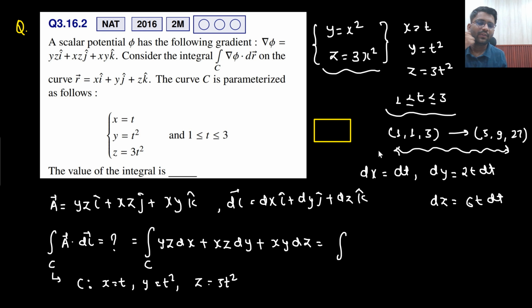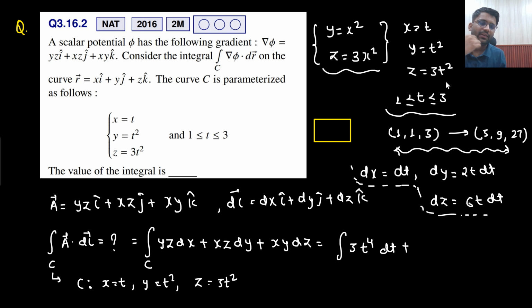Now you already know that y equals t square, so y into z is 3t to the power 4. dx is dt.